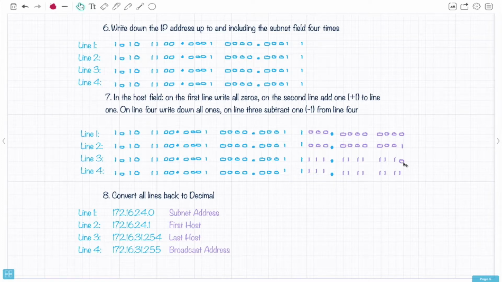Convert these numbers to decimal, and what you have on line 1 is the subnet address and the first host on that subnet. On line 4 you have the broadcast address, and on line 3 you have the last host. And notice that this method automatically takes into account these 3 extra bits that you have in the middle. Simple, right? You'll practice this a lot.